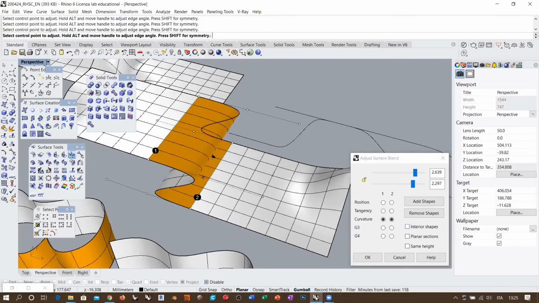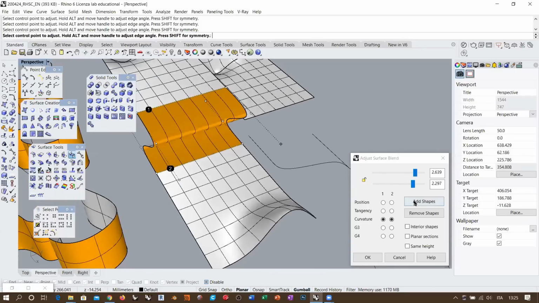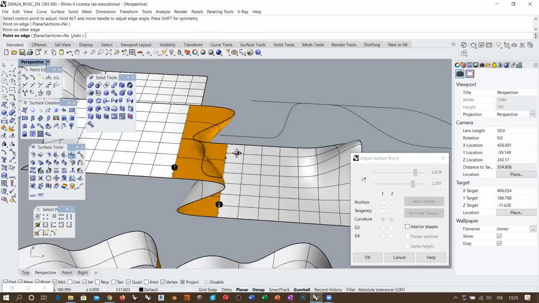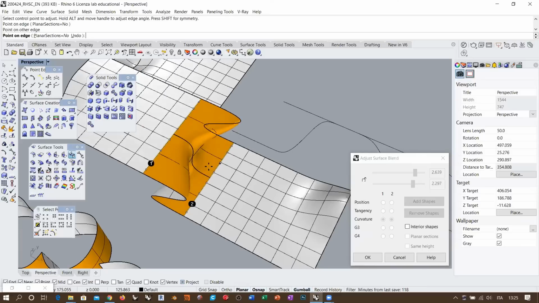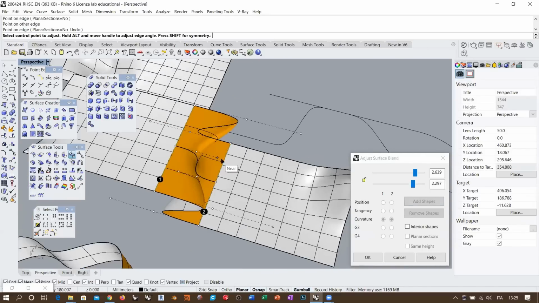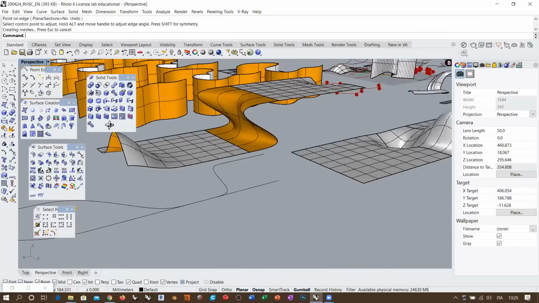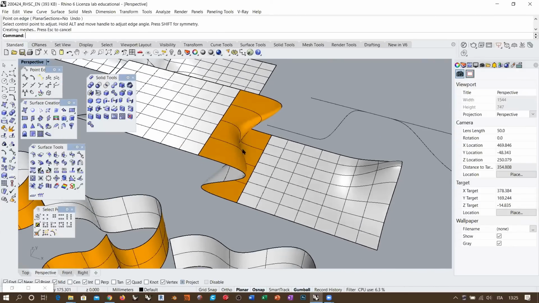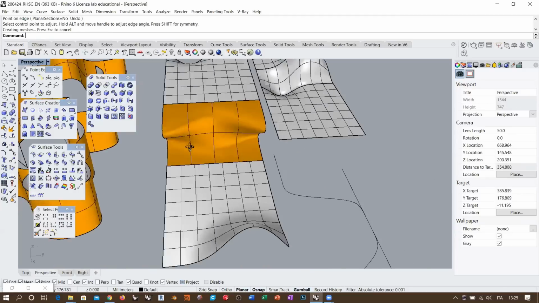If I remove the interior edges and I only add a shape like here in the midpoint, now I have control over one single cross section besides the initial and last cross section. So let's say I create this blend surface here, which is quite complex already. And it's very difficult to recreate it, unless I know exactly what I was doing.